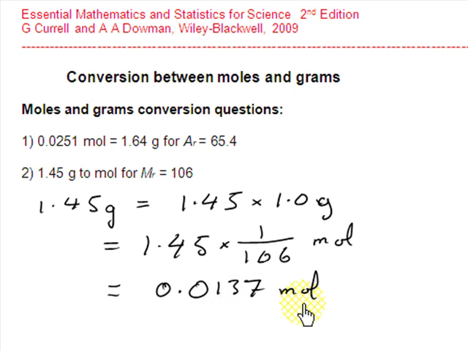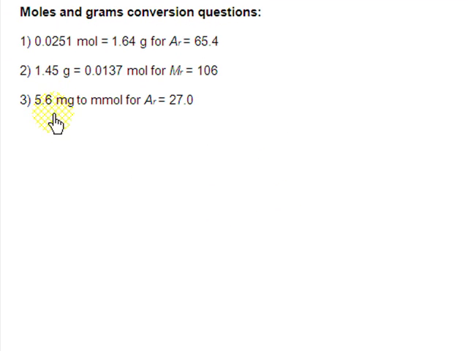0.0137 moles. We now wish to convert milligrams to millimoles. So we can first of all convert 5.6 milligrams into grams, which would be 5.6 times 10 to the minus 3 grams.